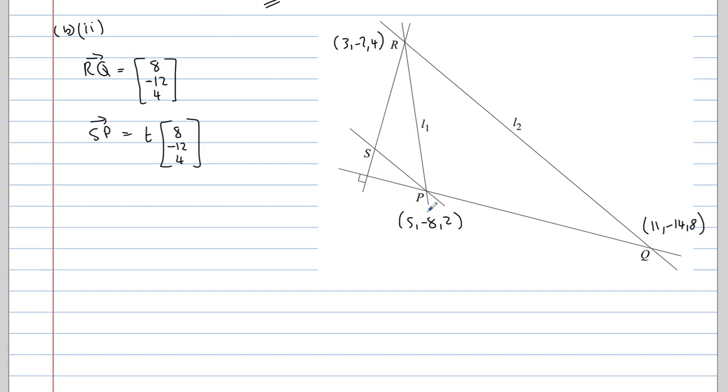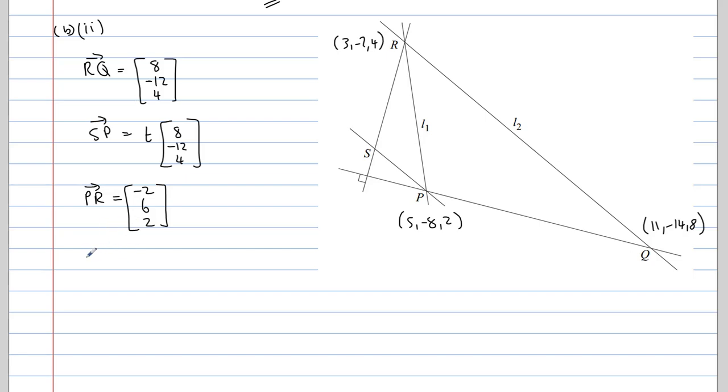Now that I know SP, I want a vector to represent SR. To do that, I'm going to go from S to P, which is this here, and then P to R. So before I do that, I'm going to work out what PR is. Subtracting the x coordinates, I get 3 minus 5, that's minus 2. I get minus 2 minus 8, that gives me 6. And I get 4 minus 2, which is 2.